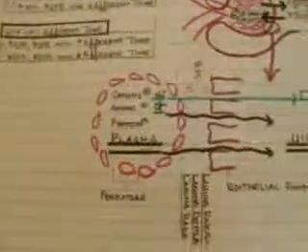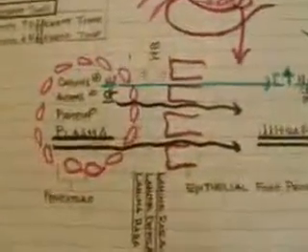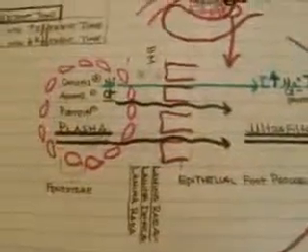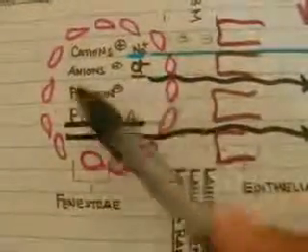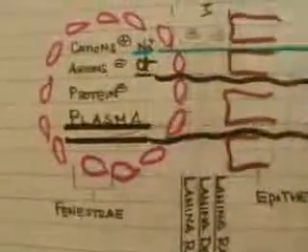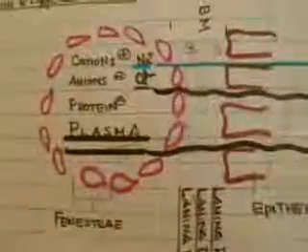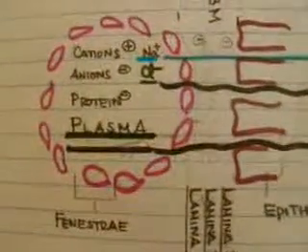Next, we can look at the more detailed structure of the Bowman's capsule. And you can see this is the endothelium within the capillary system. And this is the lumen, which basically contains the plasma and all the different electrolytes, the constituents such as protein, glucose, and certain cations and anions.